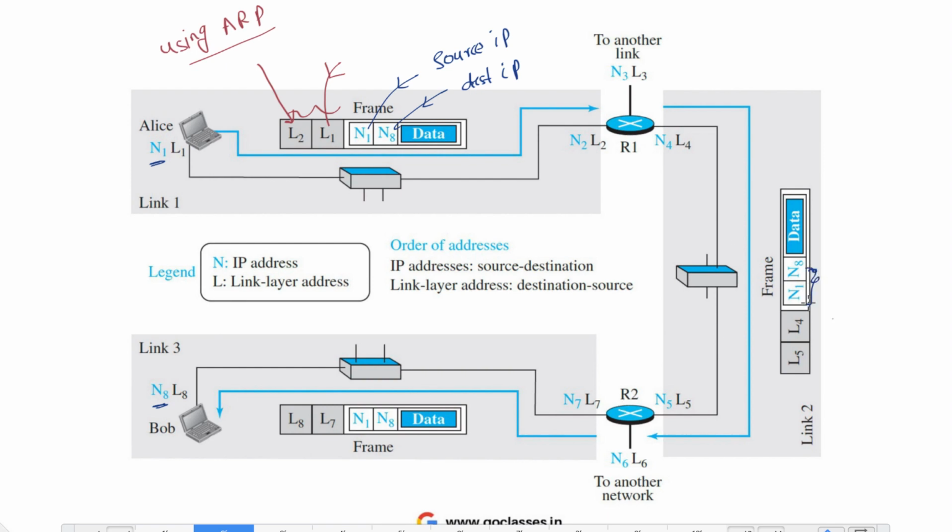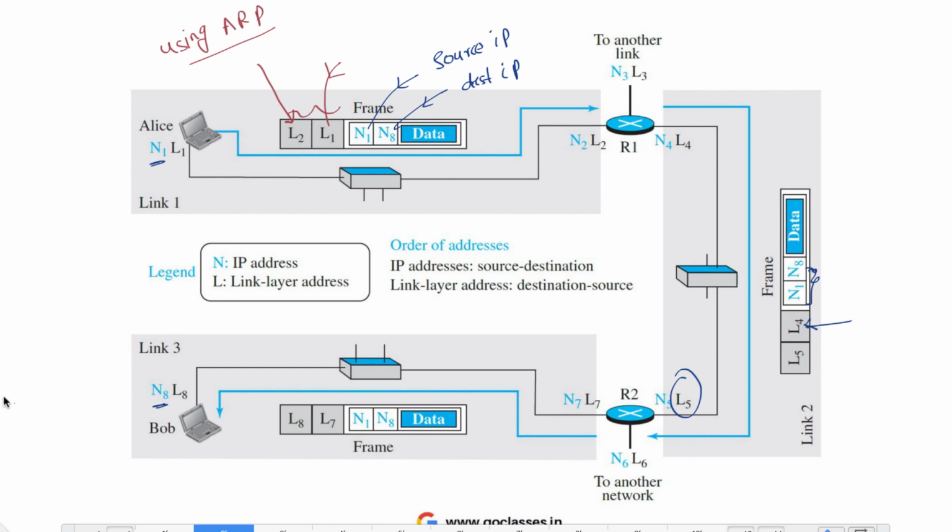Now you will change the source MAC address, which is L4, and the destination MAC address, which is L5. So you will change from L1 to L2, you will change L4 to L5, right? One more thing, although it does not matter much: the source IP we write first and then destination IP, but in case of MAC address we first write the destination MAC address and then we write the source MAC address.